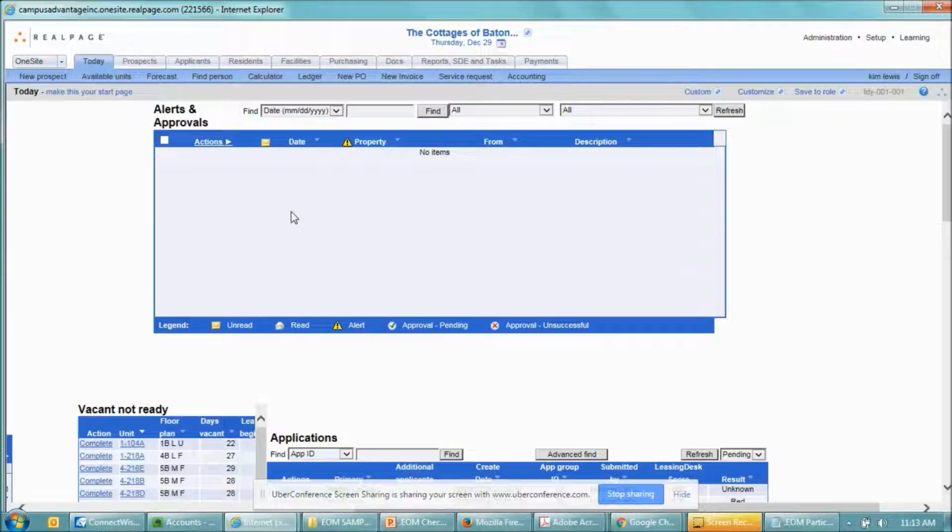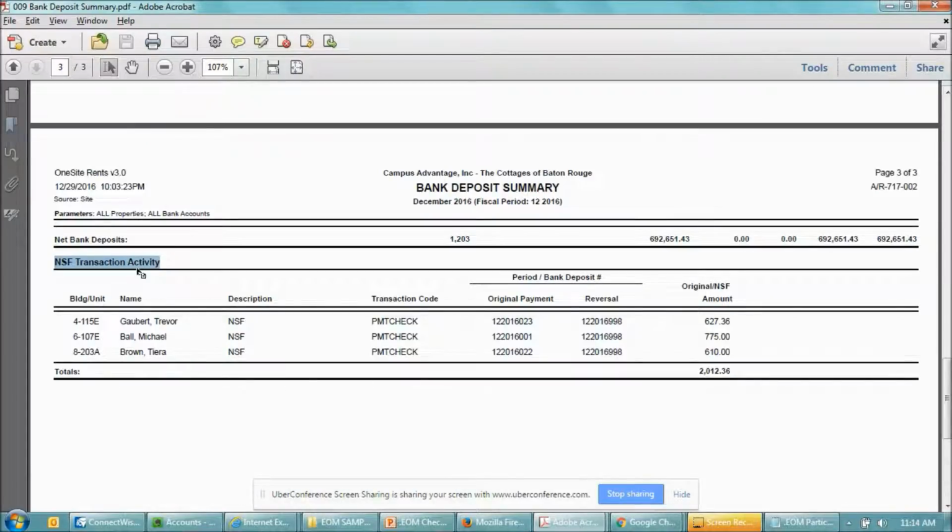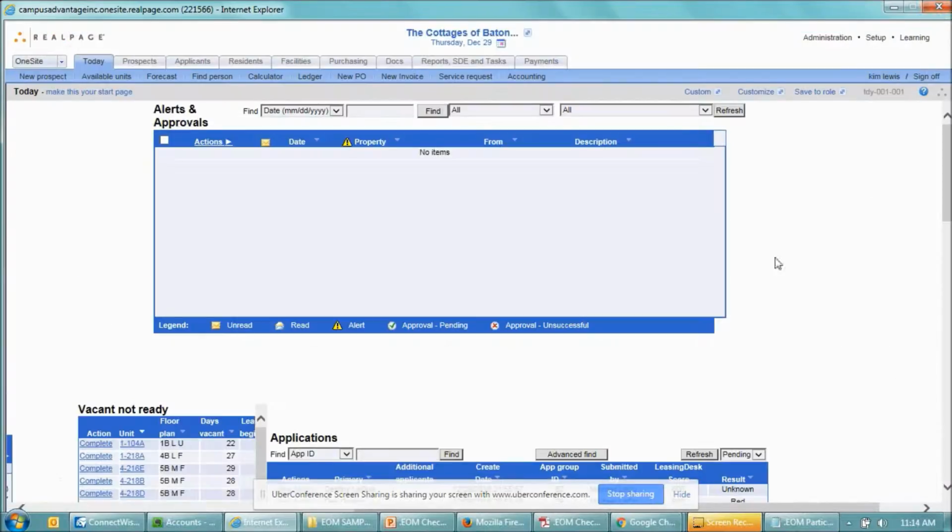And if you have a returned check, that alert will show in this alerts and approvals snapshot, so you can notify the resident that we got a returned check and we need to rectify it. So that's one way it can be identified throughout the month. And then again, as Alex pointed out, this last area here would confirm all the ones that came through in the current month.